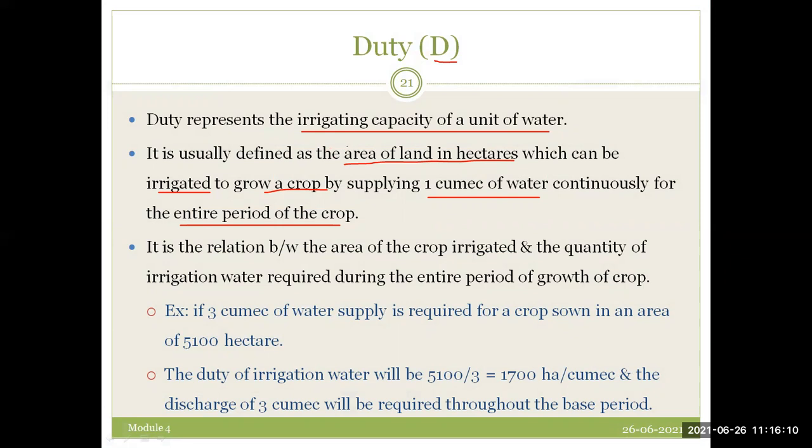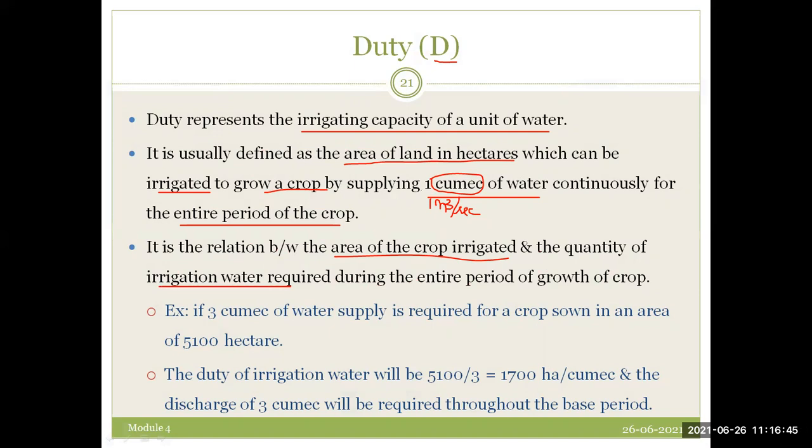So duty represents the area irrigated by 1 cumec of water, where 1 cumec represents 1 meter cube per second. Duty represents the relation between the area of the crop to be irrigated and the quantity of irrigation water required during the entire crop period.